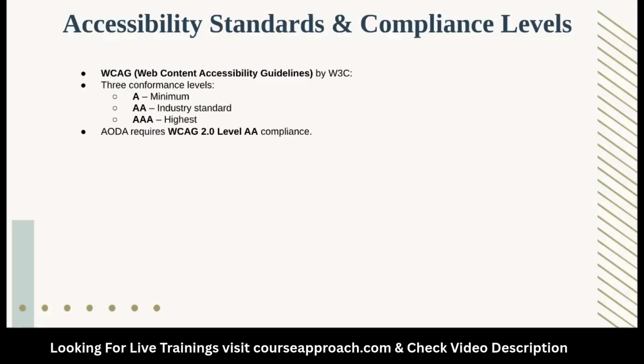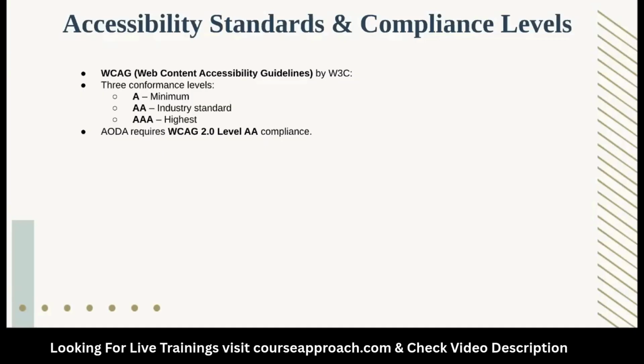These should be there. Triple A is the highest one, where we have dragging movements, multiple gestures, or sign language interpretation. These kinds of issues fall under level triple A. So in level A we have certain guidelines, in level double A we have certain guidelines, and in level triple A also we have certain guidelines.